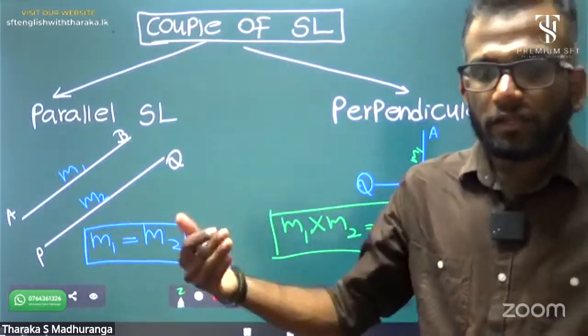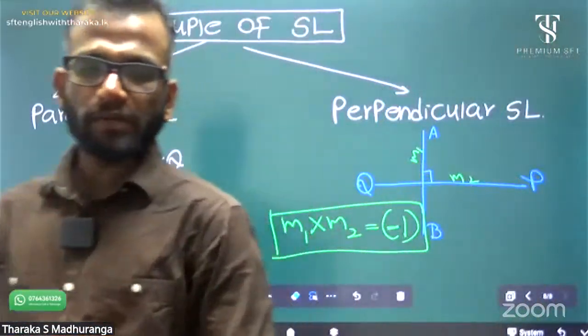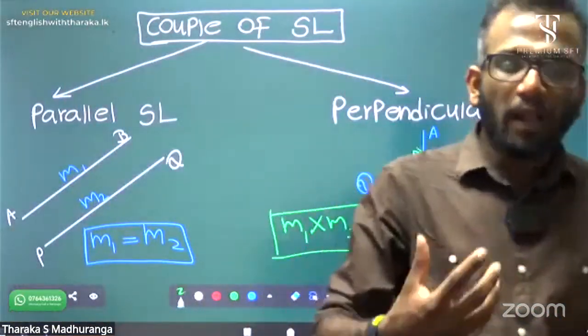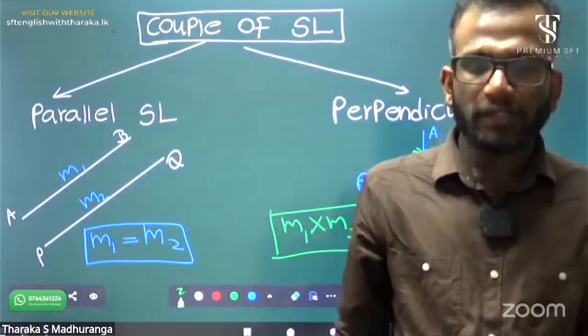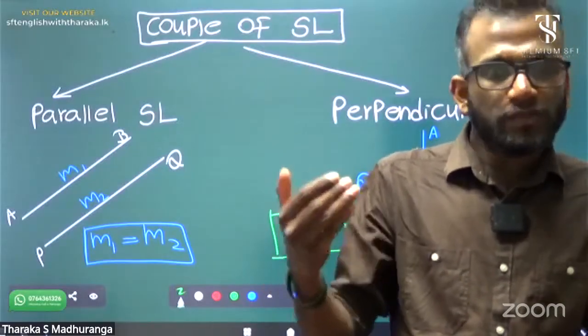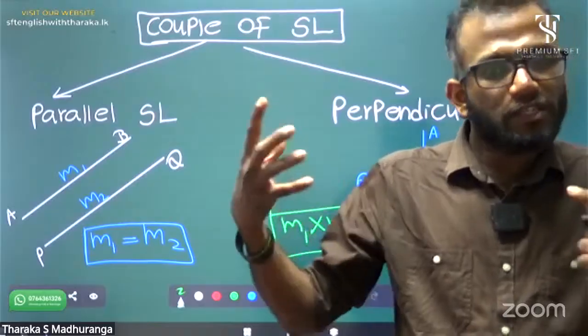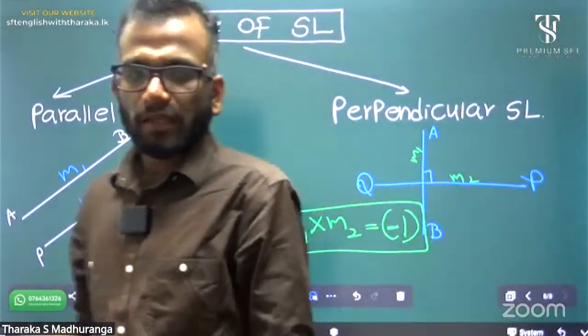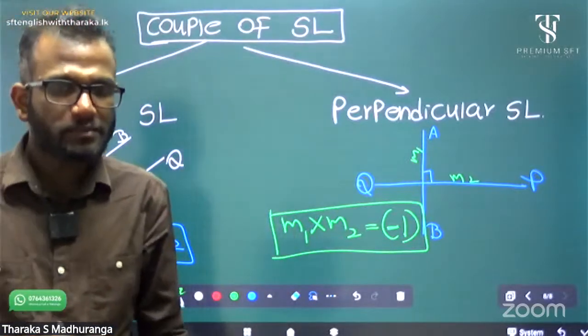That's a constant value. This is the rule. If any two straight lines are perpendicular to each other, their gradient multiplication equals -1. In other words, if any two straight lines have gradient multiplication -1, they are perpendicular to each other.